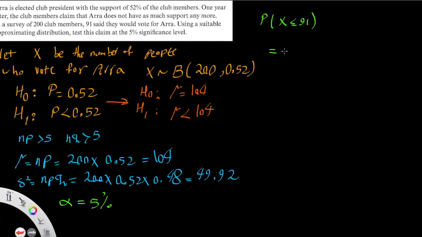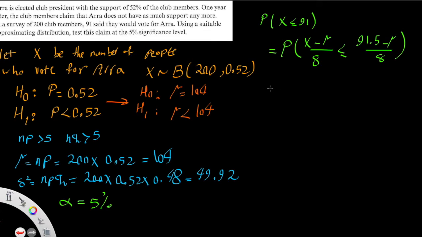But it will be equivalent to x minus mu, when we standardize it, divided by sigma, less or equal to, now continue the correction, 91.5 minus mu divided by sigma.